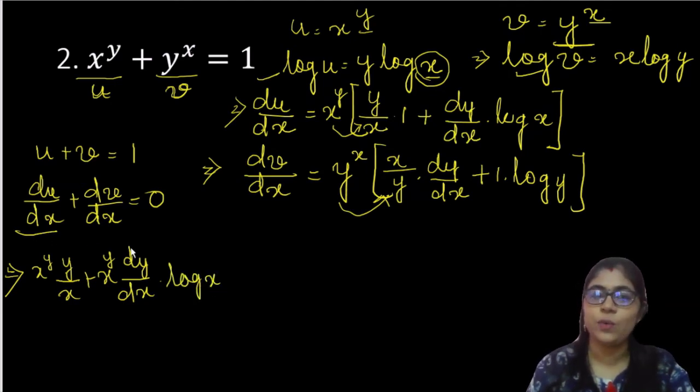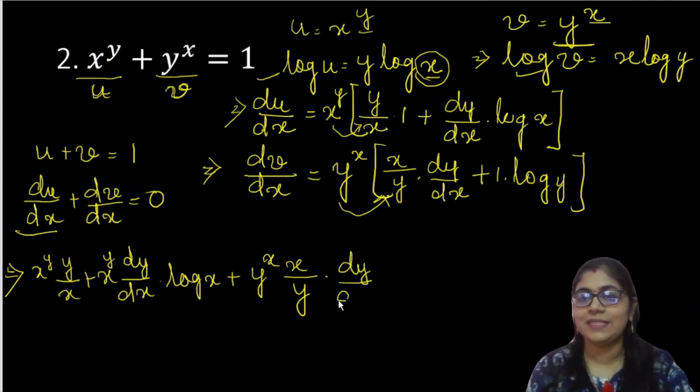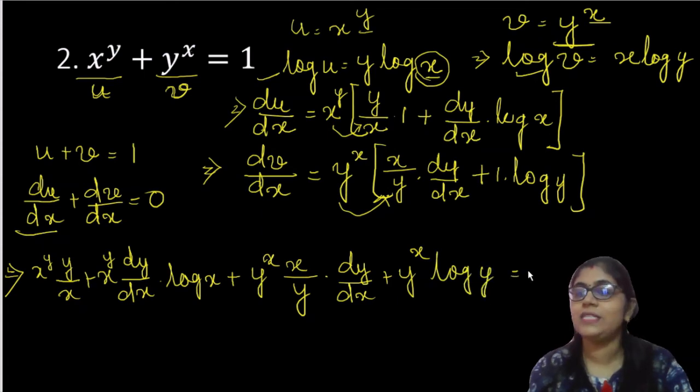This is du by dx. And what is dv by dx? We will bring y to the power x inside the bracket. So y to the power x into x by y into dy by dx plus y to the power x log y equals to 0.